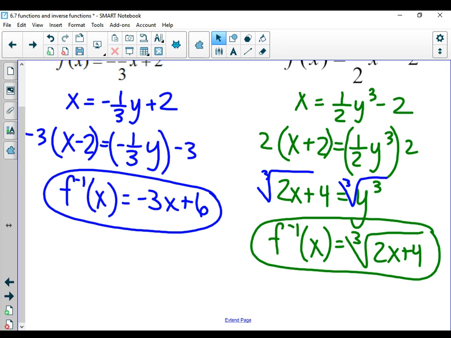Okay, so what we learned on Friday, I told you we were going to use today because it's going to help us prove that two functions are inverses of each other. What you might come across is you'll have this original equation up here, and then this inverse, and then you have to prove that they're inverses of each other. And the way you do that is by composition of functions, which is what we did on Friday.